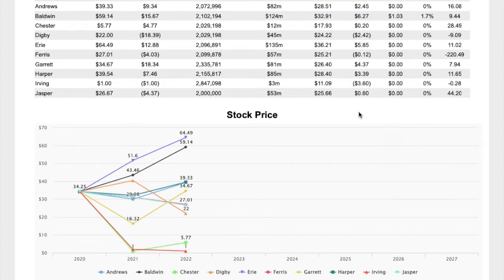Book value is the total value of the company's assets minus the company's outstanding liabilities. And EPS is earnings per share. So it looks at the wealth that is being created on each share of stock. And dividend is the payment made by the company to its stockholders.